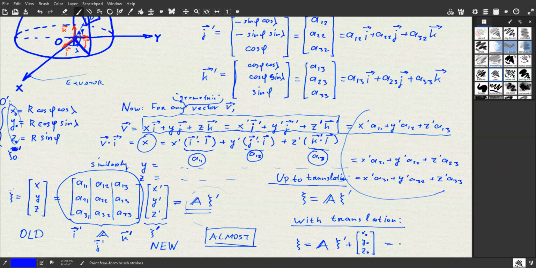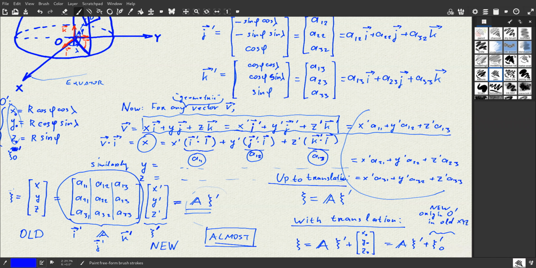Therefore, we get A times psi prime plus psi prime 0, where psi prime 0 is the vector of coordinates of the new origin O prime in the old xyz.